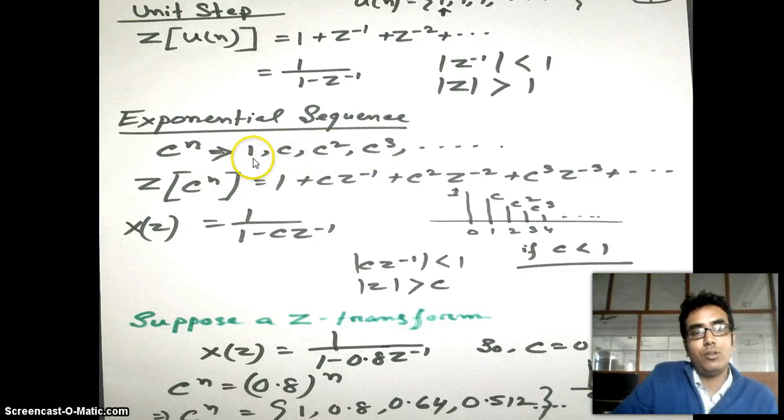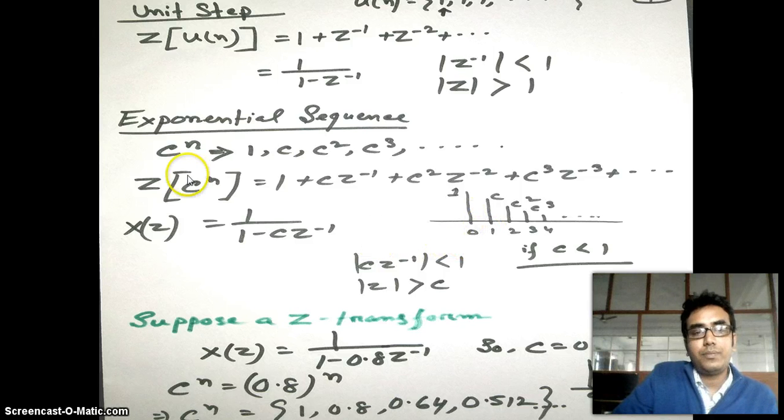Here the value of n is 0, here is 1, here is 2, 3, and so on. So the z transform of the exponential sequence c to the power n will be 1 plus c z inverse plus c square z to the power minus 2, c cube z to the power minus 3, and so on. So the z transform will become 1 by 1 minus c z inverse.